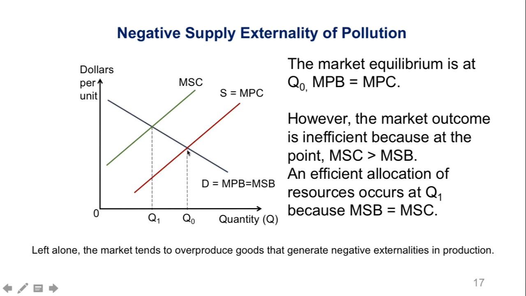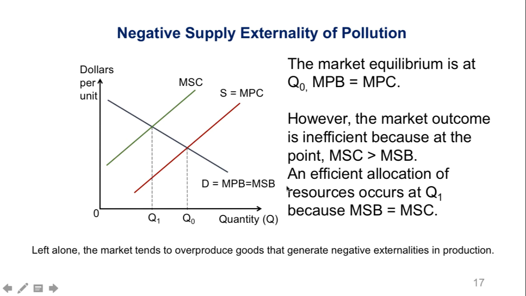That's the individual decision, the market equilibrium without government intervention. So the market outcome is inefficient because the marginal social cost at this point is greater than the marginal social benefit.